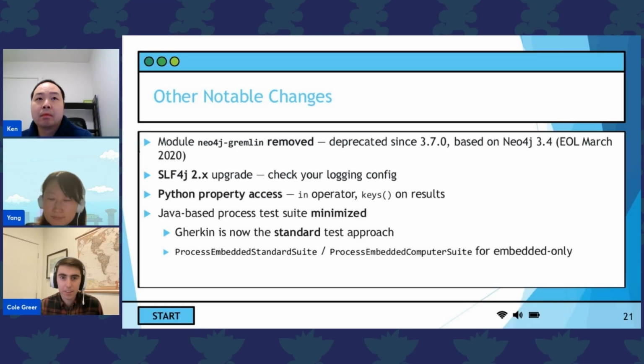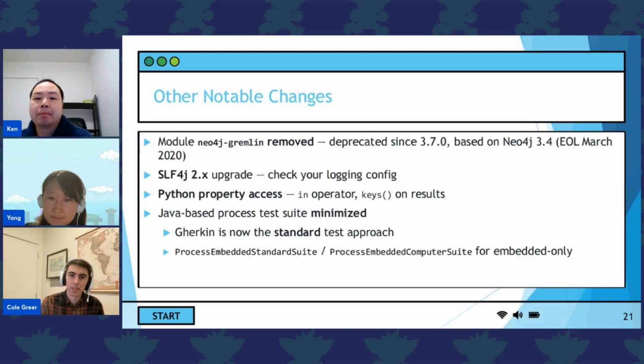And last piece here, we've talked about this a few times in the past, but the Java-based process test suite is going away. So with this beta, that progression continues. Our Gherkin-based feature tests are the standard set of tests to validate a Gremlin implementation. The process tests used to mirror it pretty effectively.